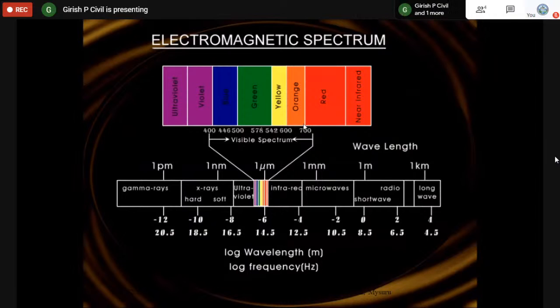The wavelength of the visible portion varies from 0.4 micrometer to 0.7 micrometer. 0.4 is the shortest wavelength portion in the electromagnetic spectrum visible portion. 0.7 is the longest wavelength portion, characterized by red color.